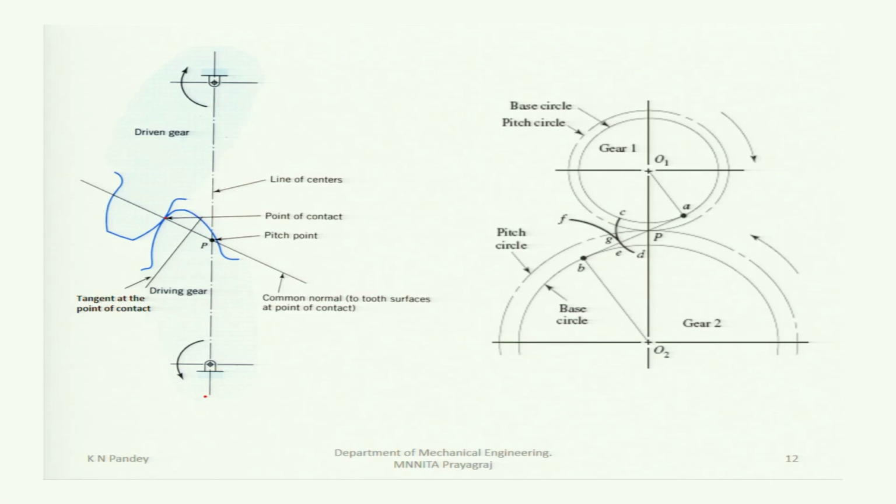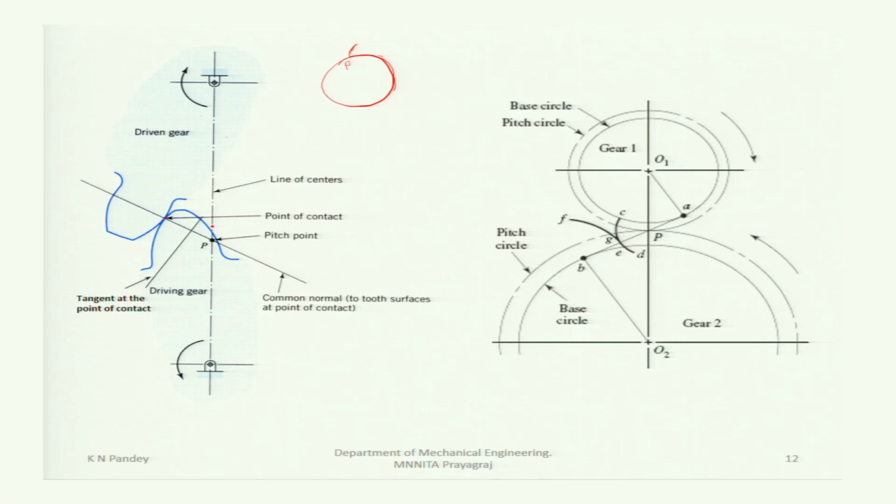Then let the cylinder on which we have wrapped the wire, and when we unwound it, a profile was created. The locus of the point P was formed, the involute tooth profile. Now, you may see how it satisfies the fundamental law of gearing.